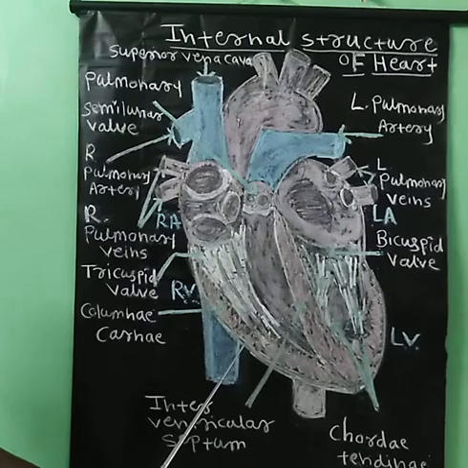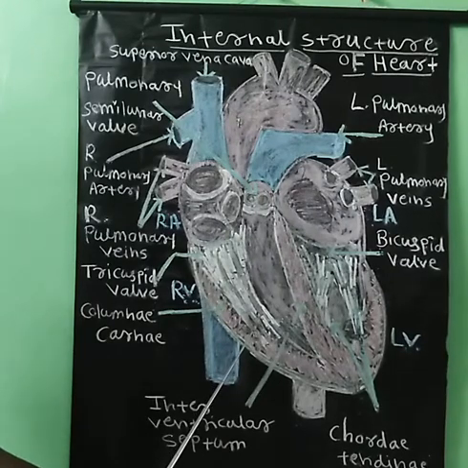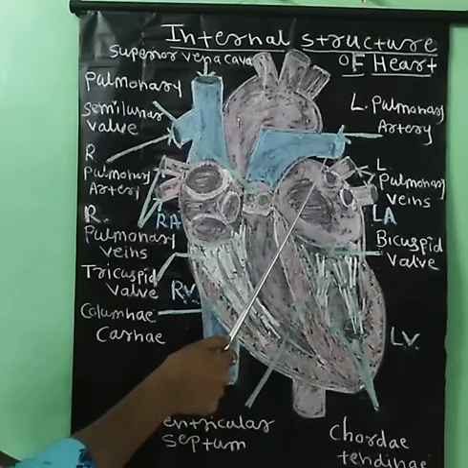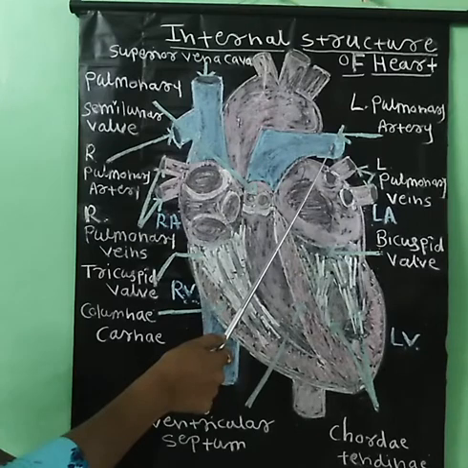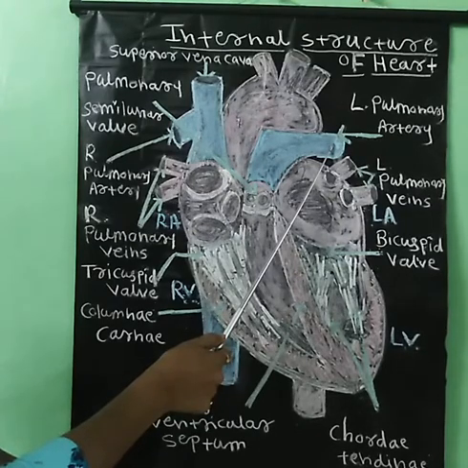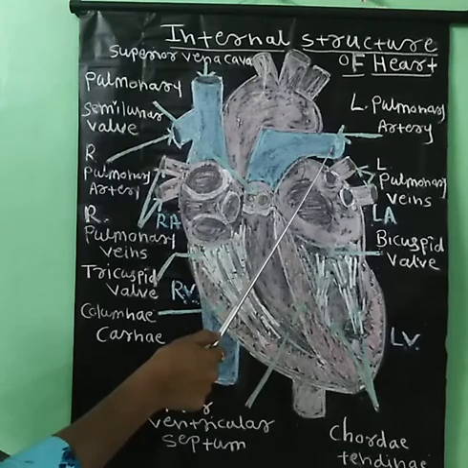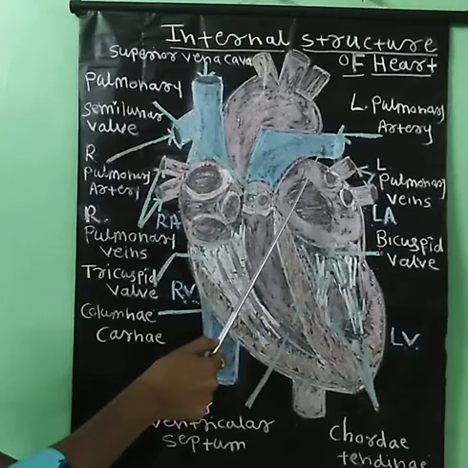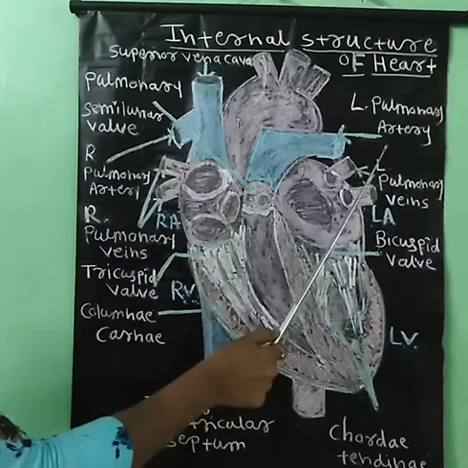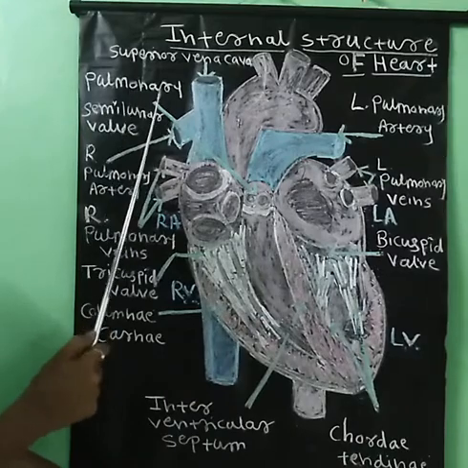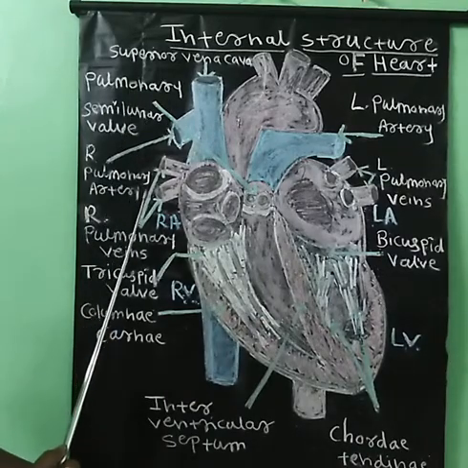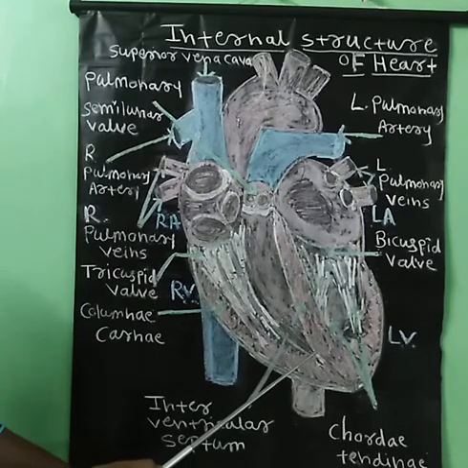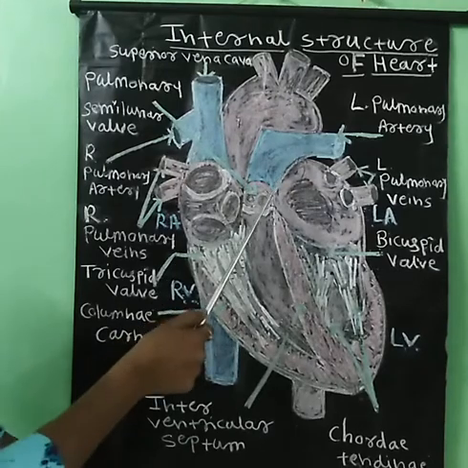Right ventricle, which opens into pulmonary aorta, that pulmonary aorta again divides into two separate branches, that is known as left pulmonary artery and right pulmonary artery. While left ventricle opens into big aorta.